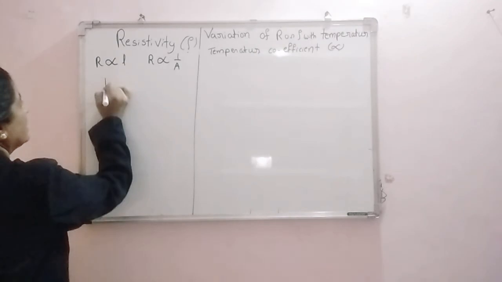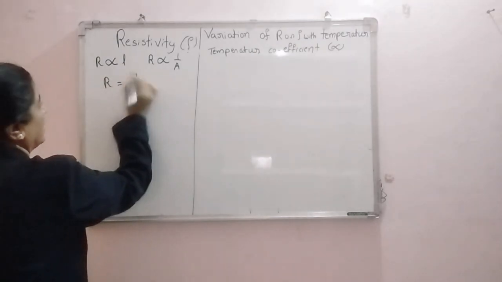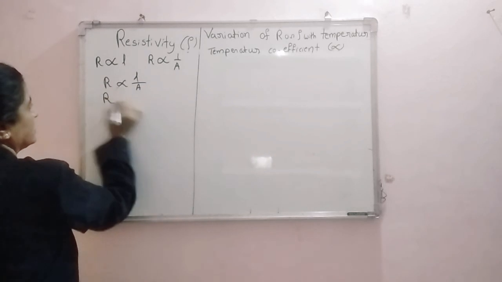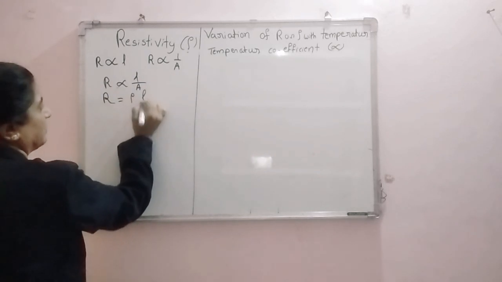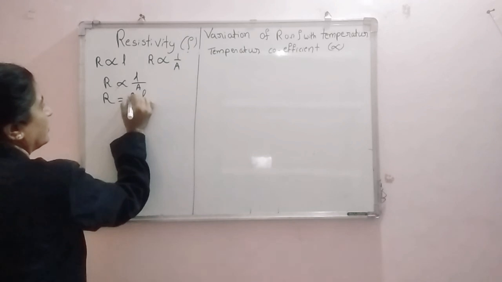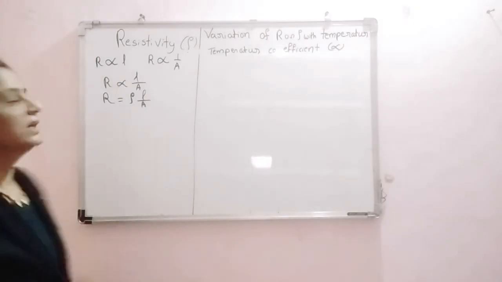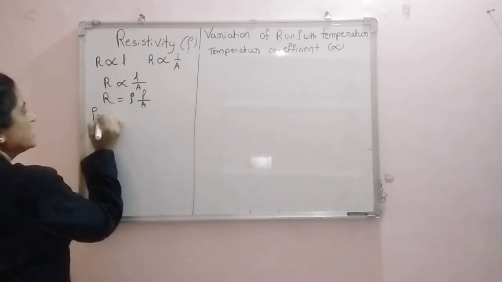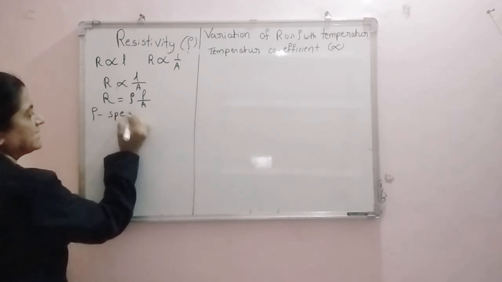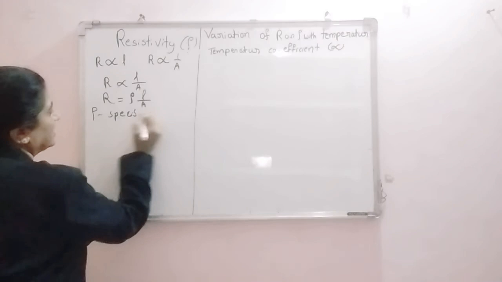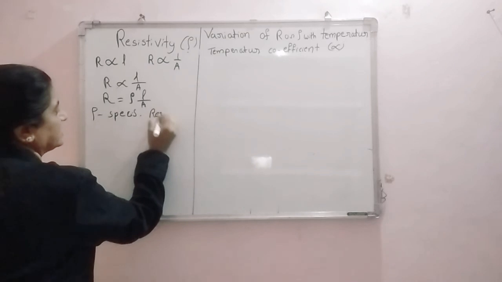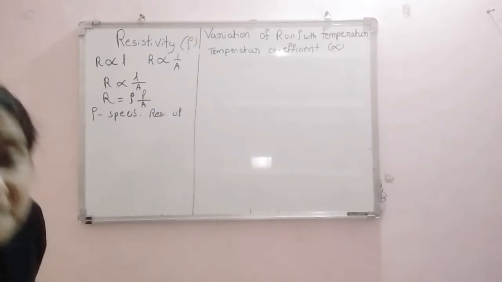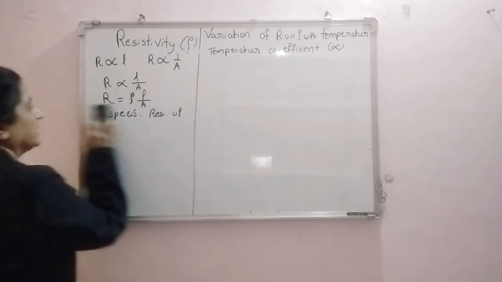That's why R is proportional to L upon A. So R is equal to rho L upon A, where rho is the constant. That constant is called resistivity or specific resistance of the material.